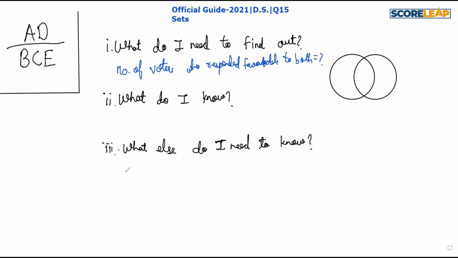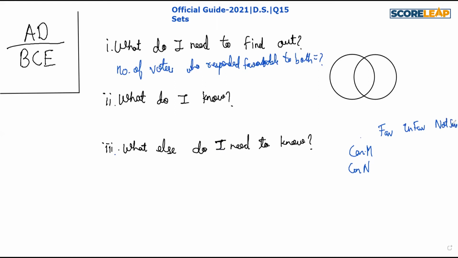Okay, what do I know? I know that they have given two candidates, candidate M and candidate N. From the data, we also know how many of them gave favorable, then unfavorable, and third not sure.